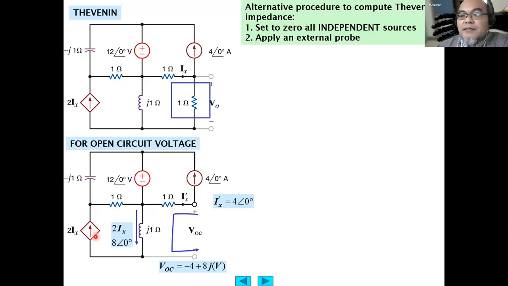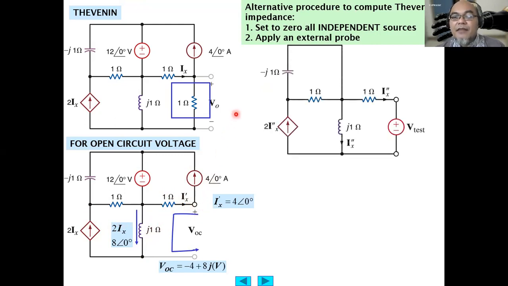Since we have a dependent source, we apply an external probe, for example 1 volt or 1 ampere, to get the current there. We apply the voltage at this terminal.